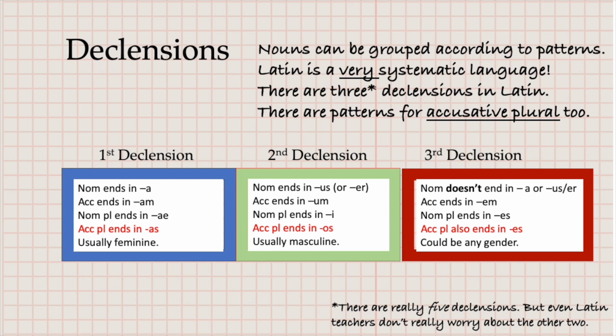The second declension, normally ending in us, goes to um in the accusative singular, i in the nominative plural, and os in the accusative plural. The third declension are basically all the nouns that don't end in a or us in the nominative singular. In the accusative singular, they go to m, and in the nominative and accusative plural, they go to es. If we look across all 3 declensions, we can see that the accusative plural always ends in s, whether it's as, os, or es.